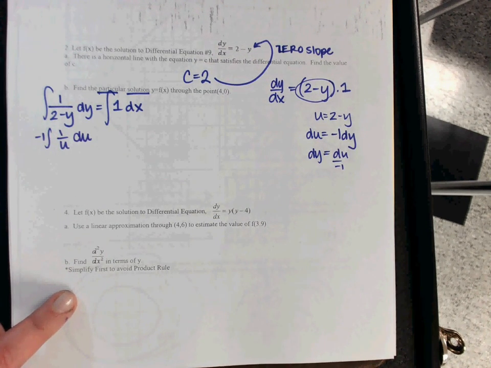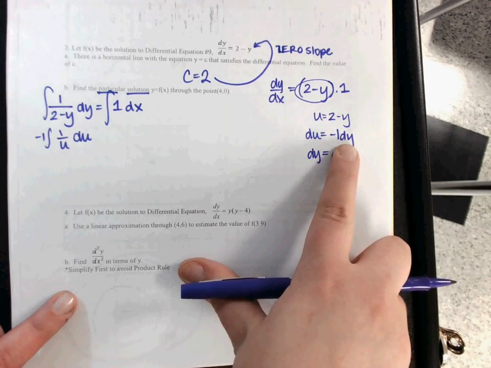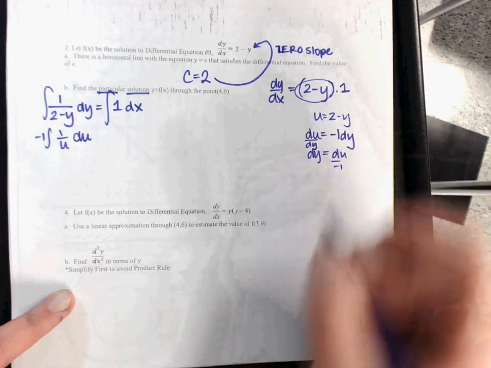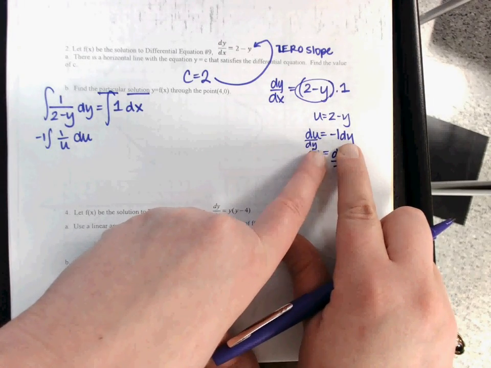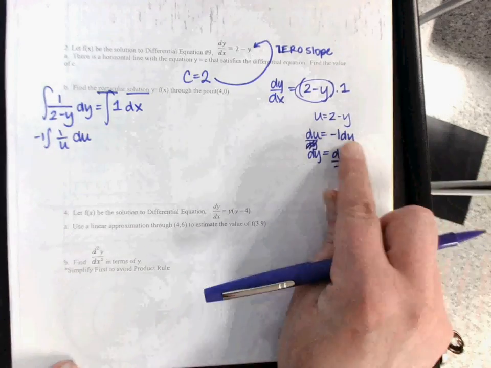Now remember that since it's a 1, it doesn't matter if you put it 1 over negative 1 or just negative 1. That's if you're not doing it with respect to y. So in this case, remember that it would have been du dy here. And since these letters are the same, that's why you don't have to put that, that's only if the bottom letter is an x.